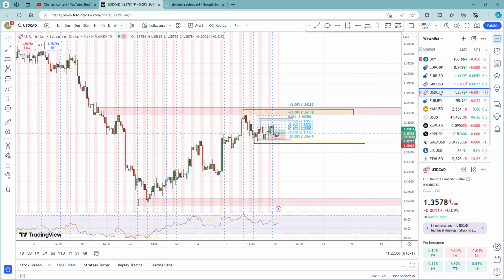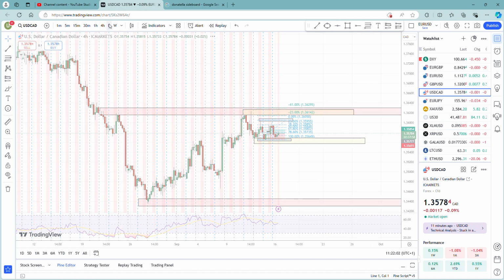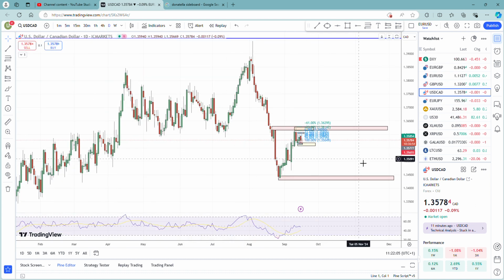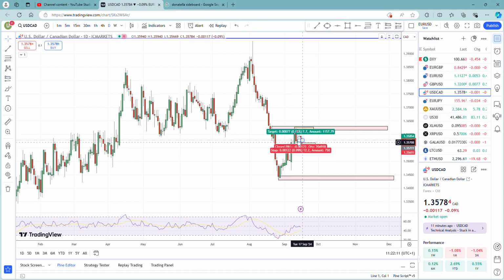If we look at Euro USD CAD, USD CAD is approaching, it's made a higher low, it's going potentially further down from here.